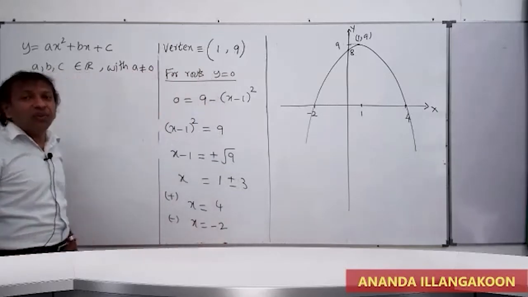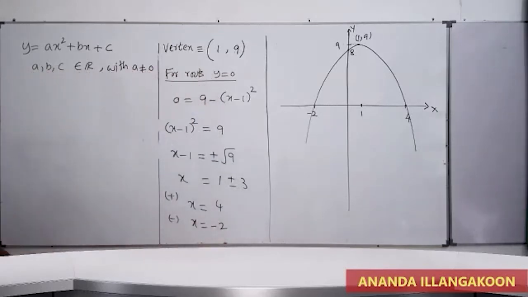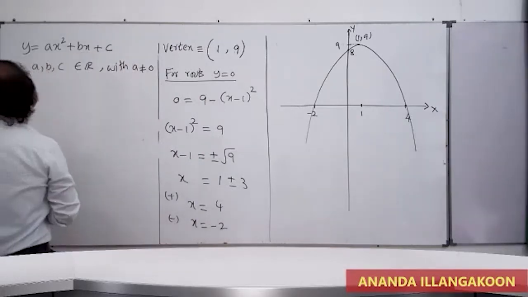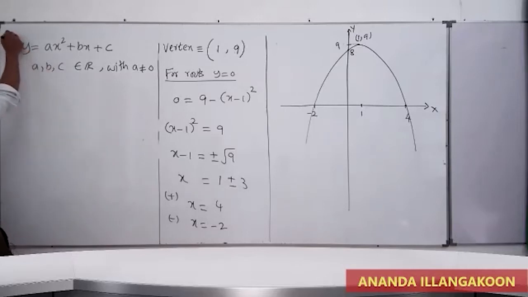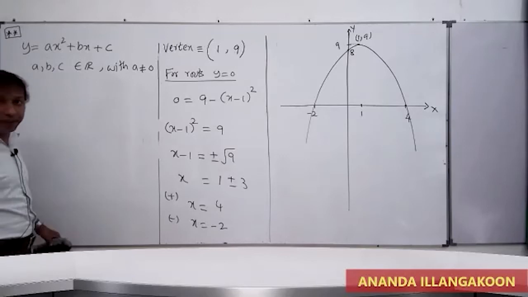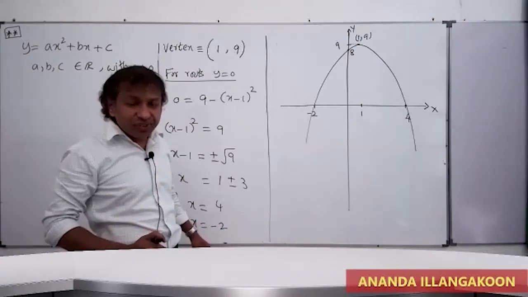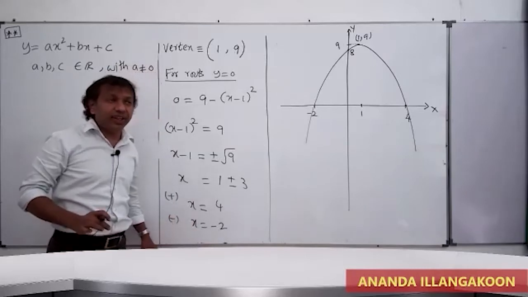And now, people, we write the quadratic function. Put a star mark. We have already written the subheading as quadratic function. So then we'll write a star mark. Write down like this.